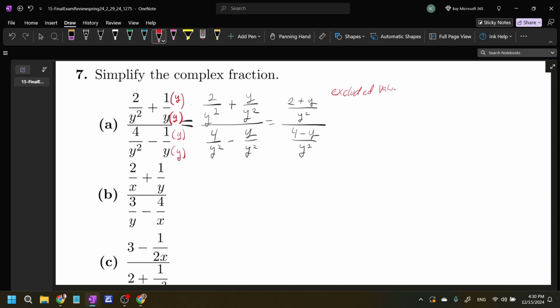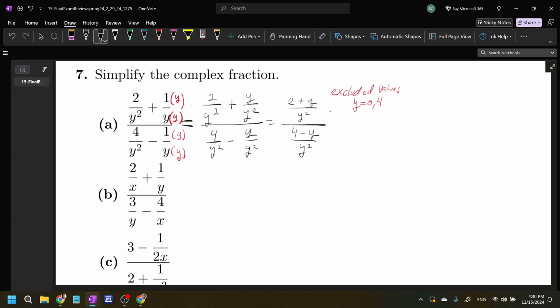Our excluded values, anything that makes this denominator equal 0, the denominator of the top fraction, so that's going to be y equals 0, because if this becomes 0, then we're dividing by 0, and that doesn't work. But also, this entire denominator here, we also have to find some y value that would make this entire denominator equal 0. And right here we can see that 4 minus y cannot be 0, so y cannot be 4. So our excluded values are 0 and 4.